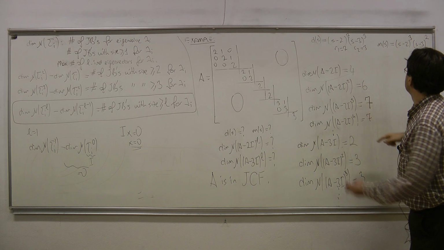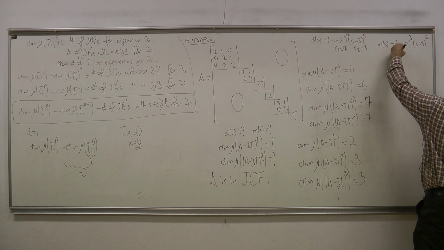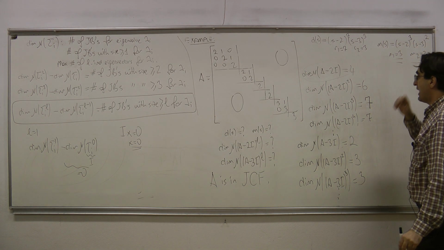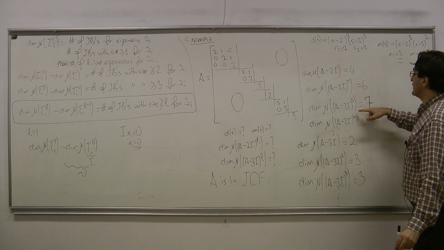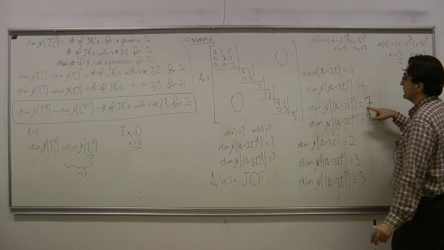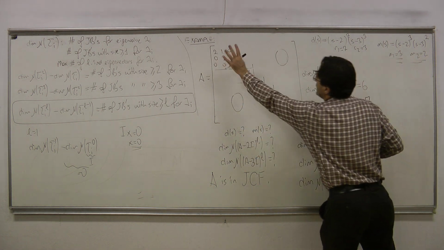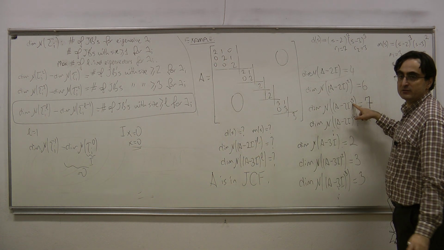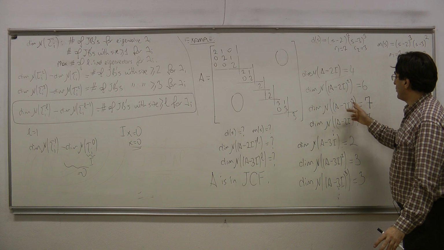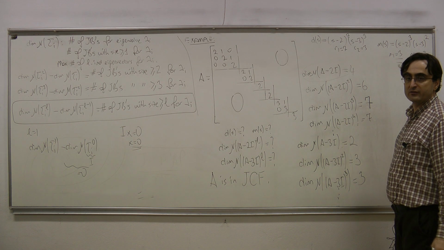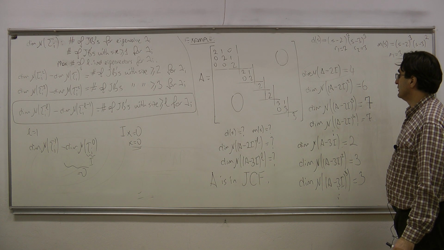Okay? So I have M1 equal to 3 and M2 equal to 2 here, these powers. And this largest dimension was reached at 7 because this largest block happened to be exactly equal to 0 at the power 3. So no power increase was able to contribute to the null space dimension. Okay?